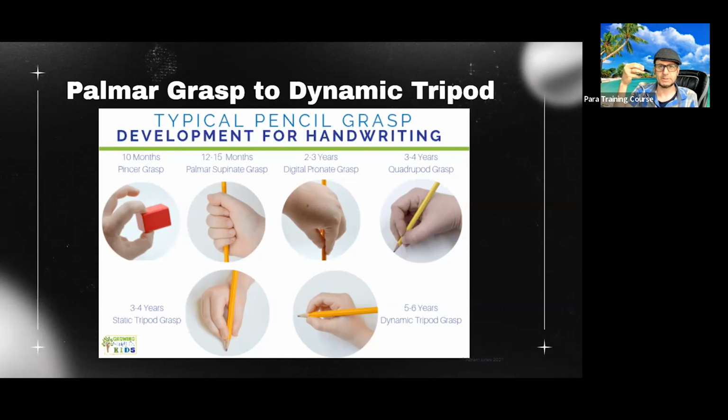So static because sometimes it's 4, sometimes it's 3, depending on the level of comfort of the user. And by 5 to 6 years, you've got the dynamic tripod grasp. Right. So not just gripping it firmly, but gripping it in an agile fashion. Handwriting begins to improve, become more legible at this point.